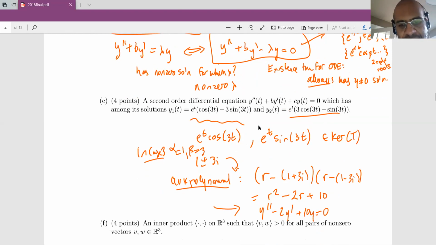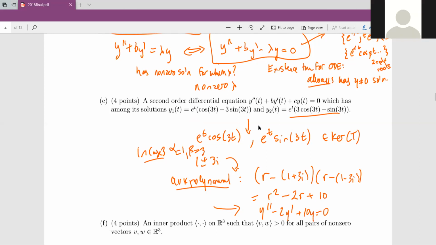Okay, I skipped a step, right? Technically, you have to show that these solutions are in the span of those, right? I could have been really cruel and tricked you and given you some vectors like this, which are linearly dependent or something. But okay, you can do that, right? I guess you maybe just subtract 3 times the second equation from the first equation. Right.